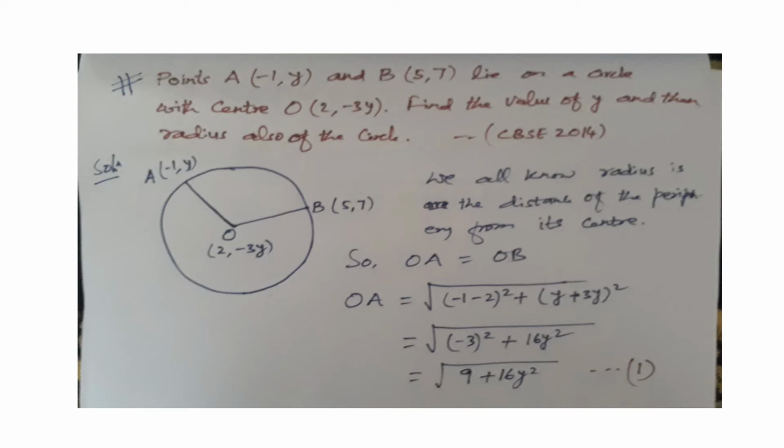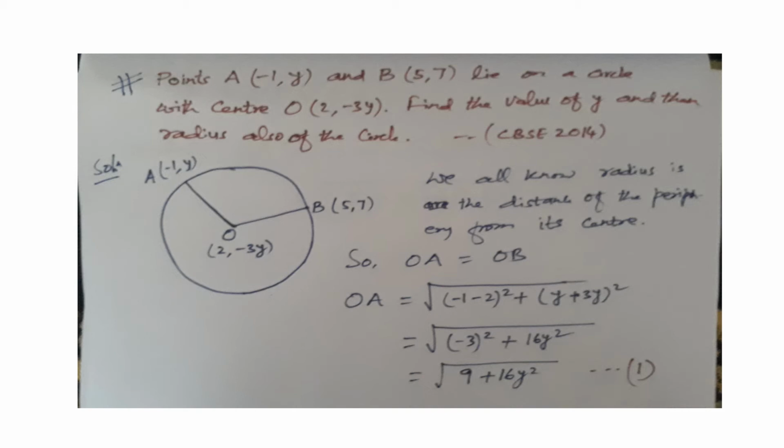See here, I have drawn a circle whose center is O and the coordinates of the center are (2, minus 3y). And on the periphery, two points are there, A and B, whose coordinates are given here. A has coordinates minus 1 and y, whereas B's coordinates are 5 and 7.